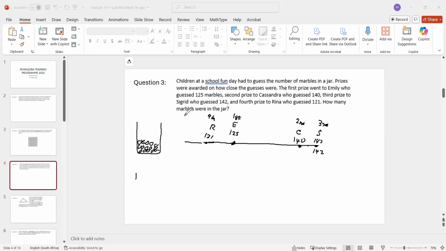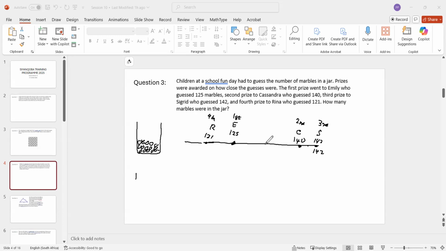Right. Now, how many marbles were in the jar? So that's very interesting. How many marbles were in the jar? Okay, let's look at the first and the second. Emily was closer to the guess than Cassandra because she came first.